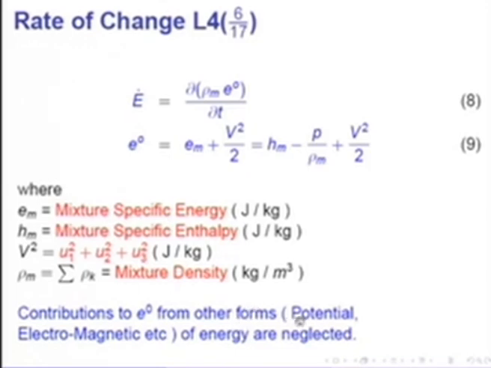In general, E naught will have contributions from many other force effects, like potential energy associated with rise or fall in elevation, electromagnetic energies and so on and so forth, but these we will neglect because practical equipments are fairly small, but in which yes, kinetic energy would be of some interest, but not these energies that I mentioned at the moment.